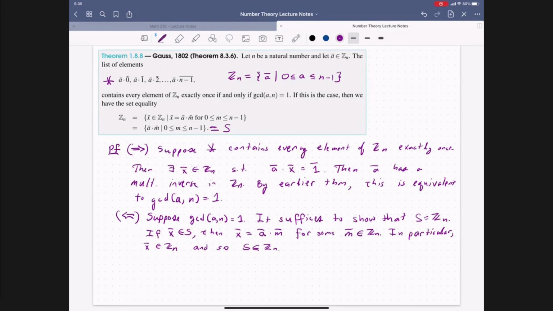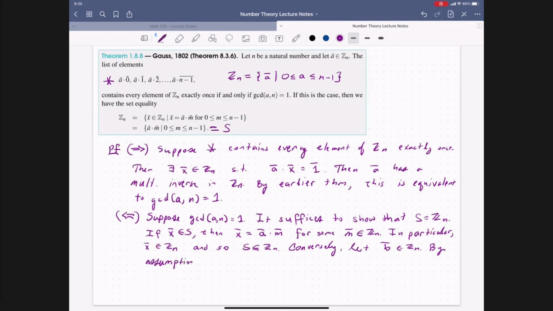And so conversely, let's go ahead and take an element b to be in the integers modulo n. By assumption, our assumption is that A and n are relatively prime.